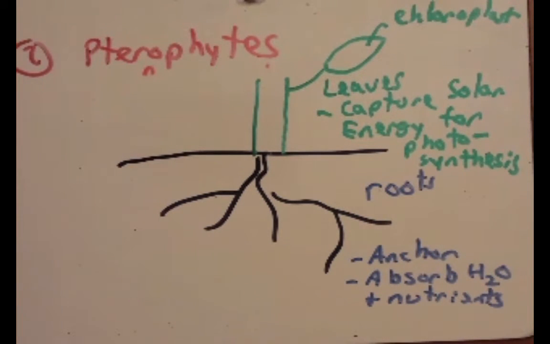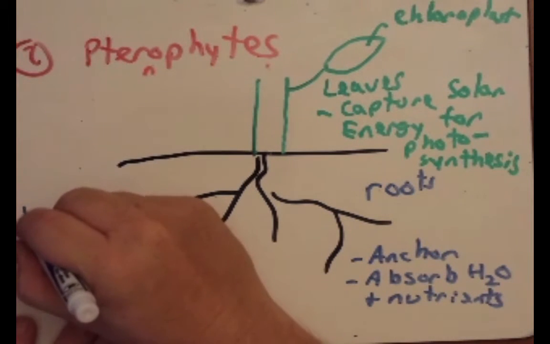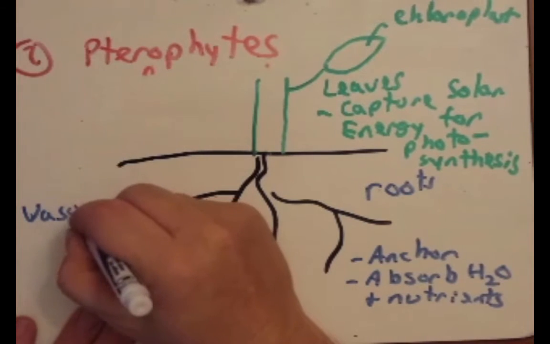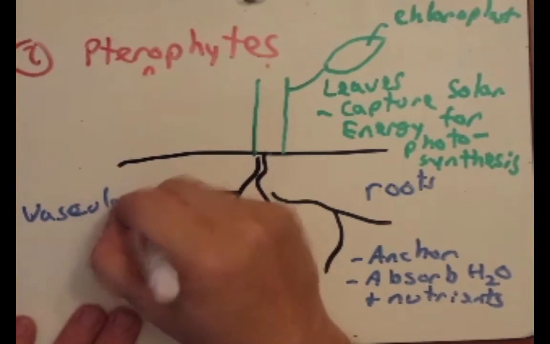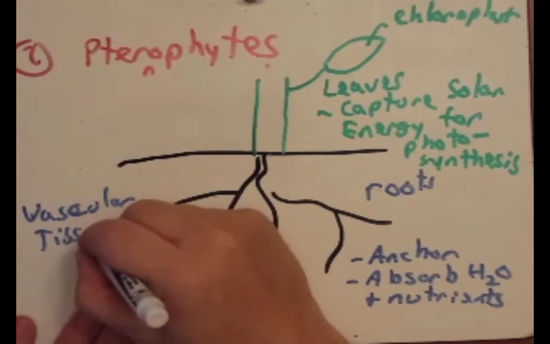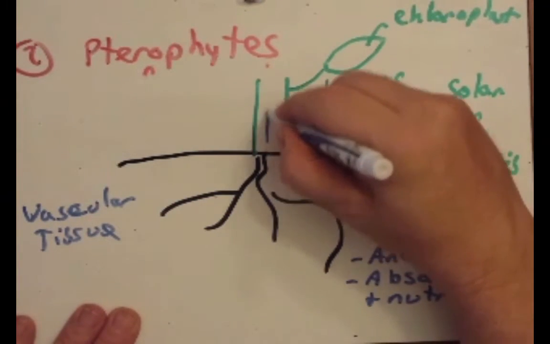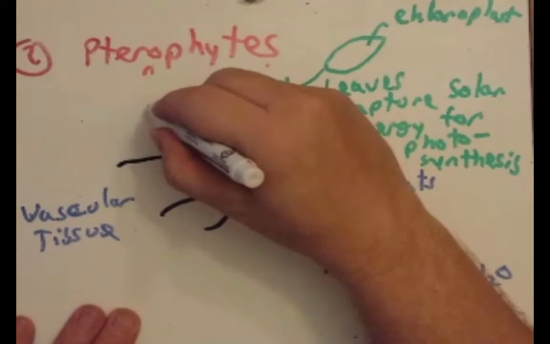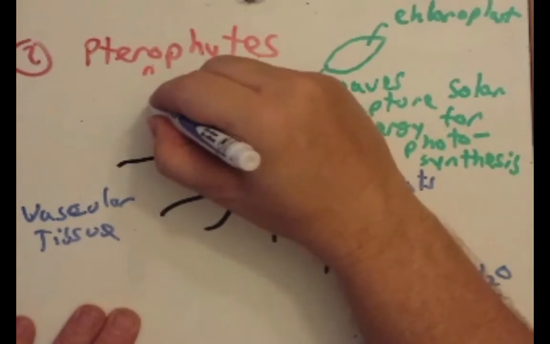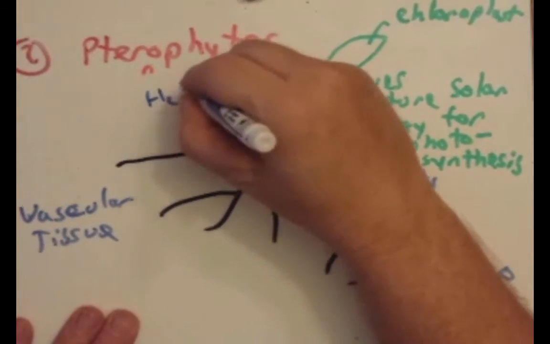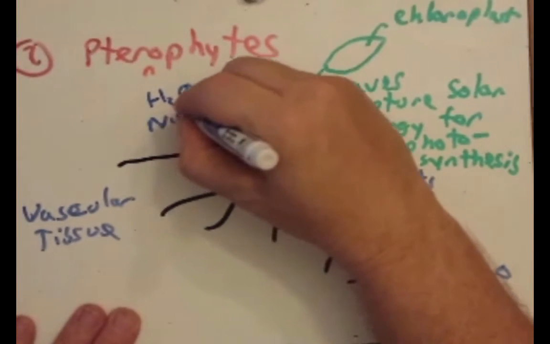Now these are the first vascular plants, so let's talk a little bit more about the vascular tissue. The vascular tissue, as we said on the first podcast, allows the movement of water and nutrients.